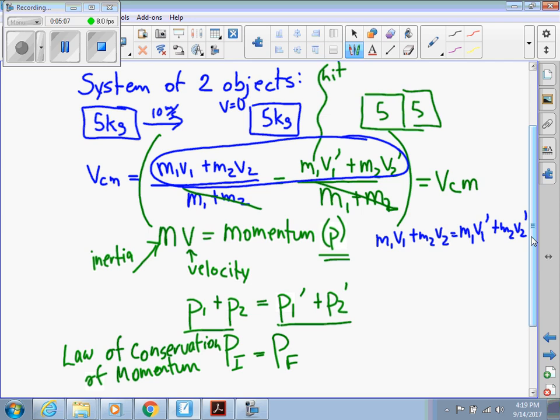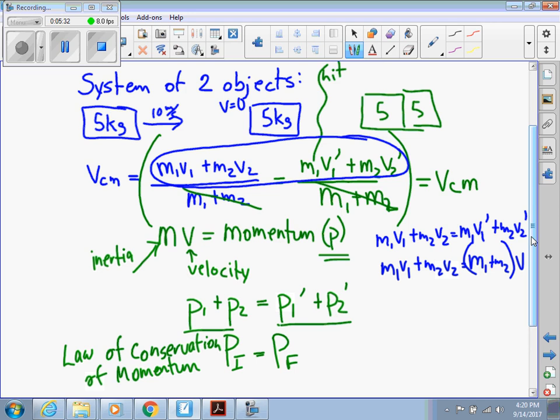The prime is for the after. In the case where they're sticking together, like in this problem up here, we have m1 v1 plus m2 v2 equals m1 plus m2 times the velocity.